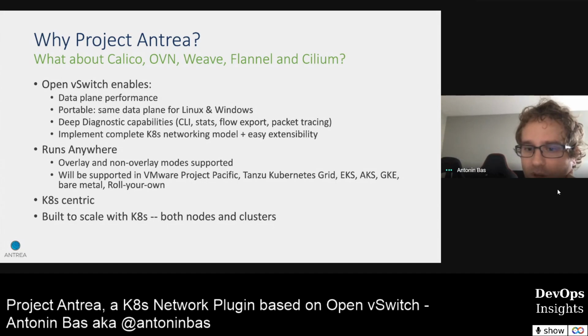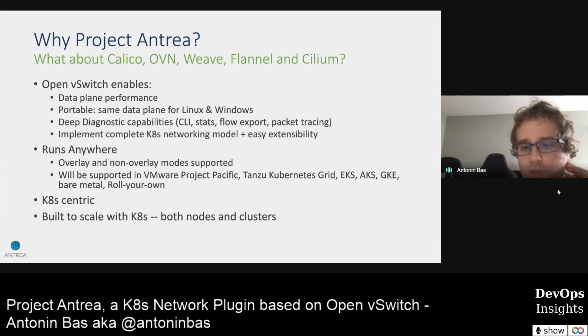In addition to supporting both Linux and Windows as operating systems, we want to be able to run Antrea pretty much in every Kubernetes cluster. And we have put a lot of work to make it happen. This includes cloud managed services, EKS on AWS, GKE for Google Cloud, but also bare metal clusters, clusters built with VMware vSphere, and do-it-yourself clusters that you may want to build directly in the cloud using EC2 virtual machines, for example.